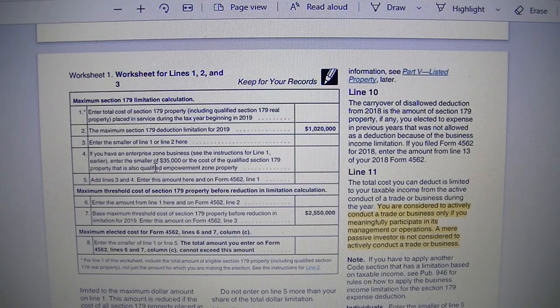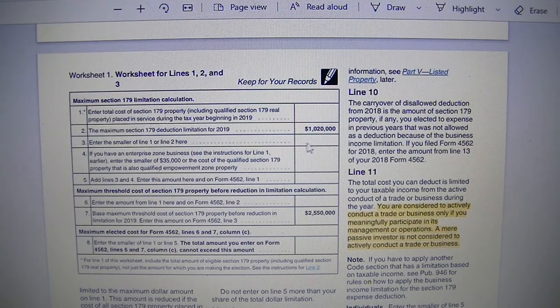And let's continue. So if you have an enterprise zone business, there is another additional amount here, but we are not going to take that into consideration. But enter the smaller of 35,000 and the cost of the qualified Section 179, that is also qualified empowerment zone property. So now you are going to add line 3 and line 4 together, and that's what will go on line 1 of your Form 4562.